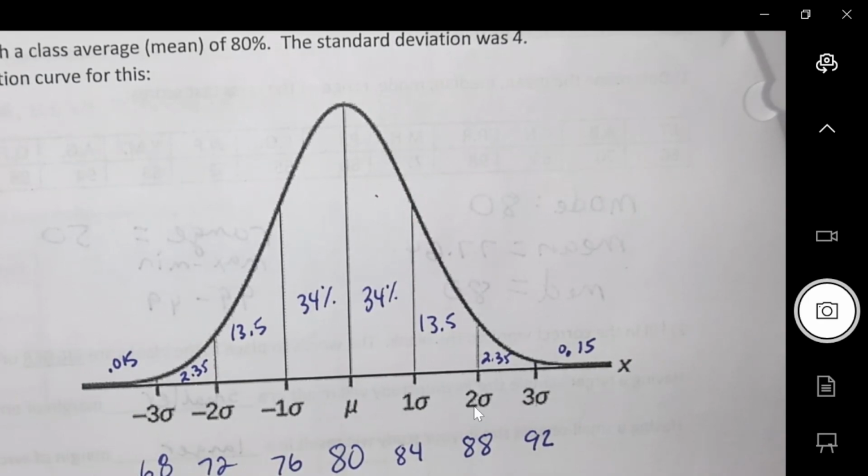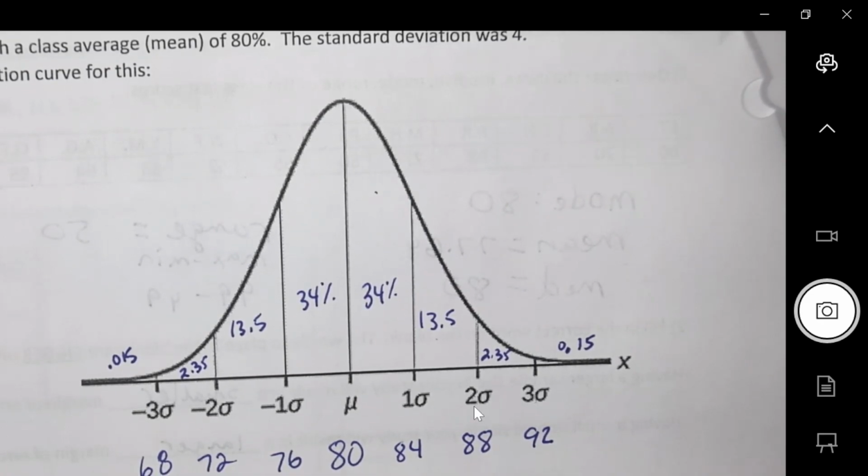So what if I told you you scored 2 standard deviations higher than the average on your test? Boom. Yeah, I scored 88.